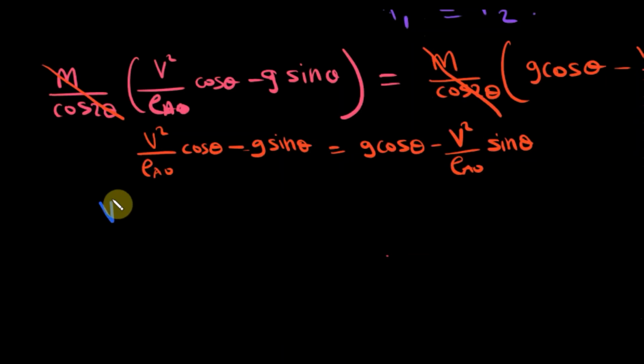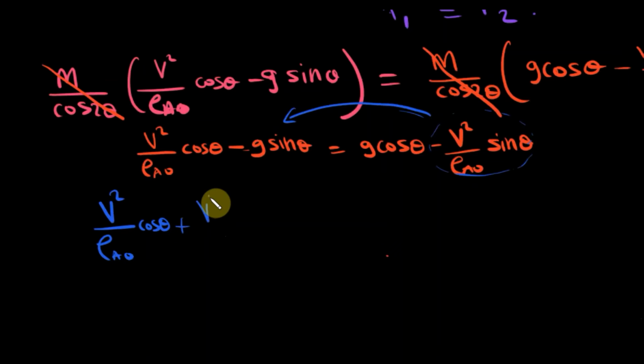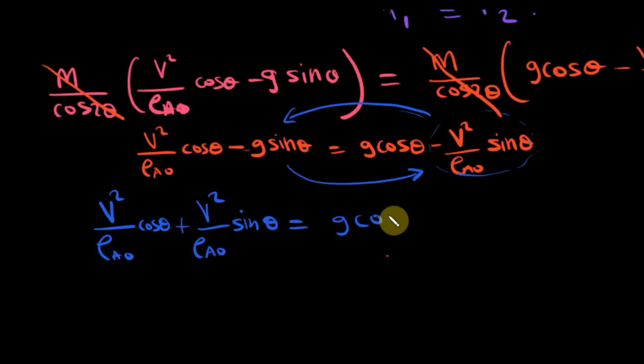Say v squared over LAO cos theta; this one is also on the other side, becomes plus v squared over LAO sin theta. Take this one, that side becomes g cos theta plus g sin theta.